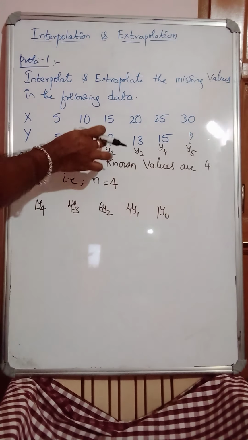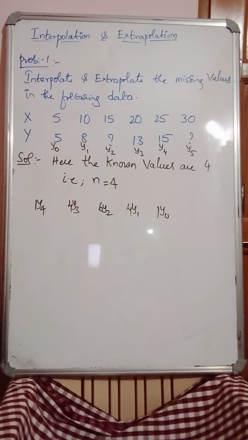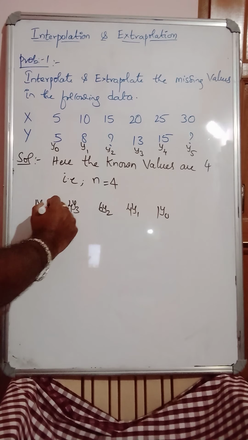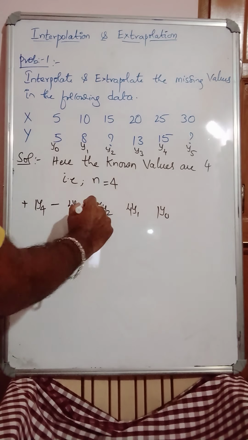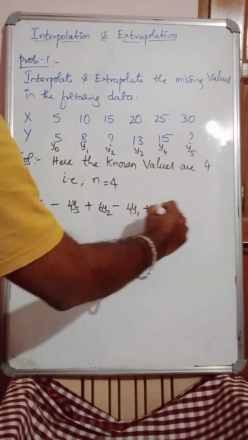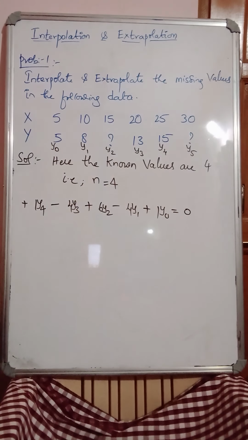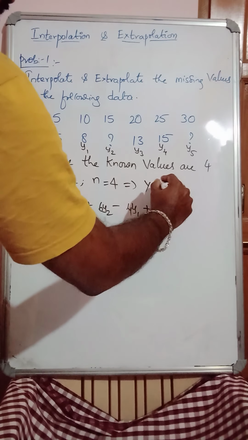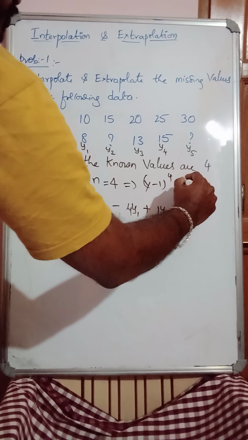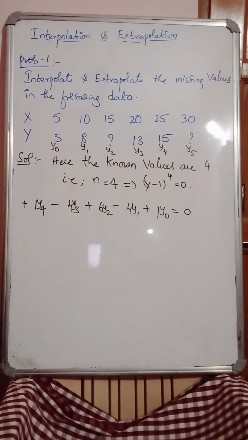First and foremost, we need to estimate the interpolating value and then later on the extrapolating value. Now, substitute here plus minus, equated to 0. This is how you need to expand the form, which is (y minus 1) whole power of 4 equals 0. This is what we have expanded.